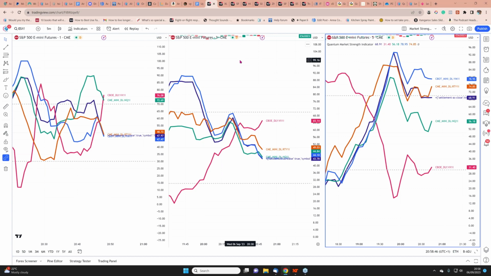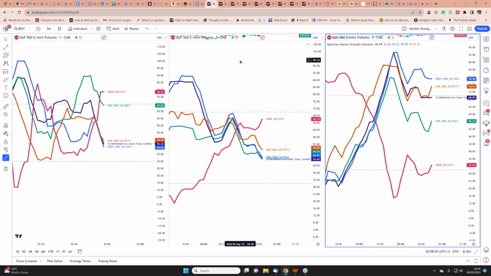It has very many similarities and parallels with that, because what it attempts to do is present a great deal of data in a very colorful and intuitive way. It's designed to give us views on potentially overbought and oversold.